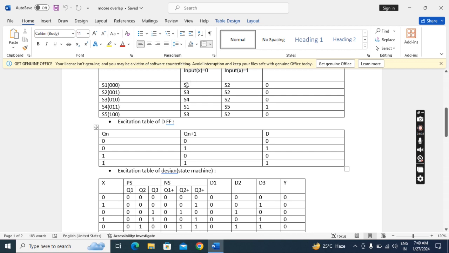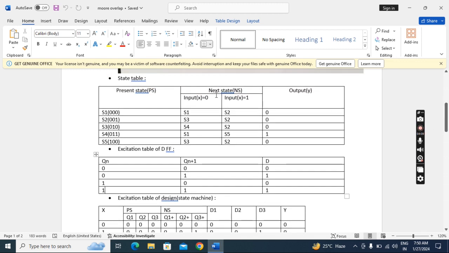What is the next state here? See, on the top we write next state. So when the present state is 000 and the input is 0, what is the next state? S1. S1 means 000 only. So when the present state is 000 and the input is 0, the next state is also 000, S1. Like that we have to write.